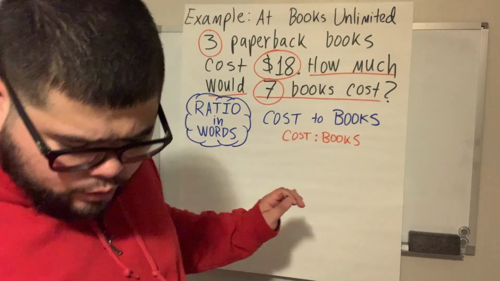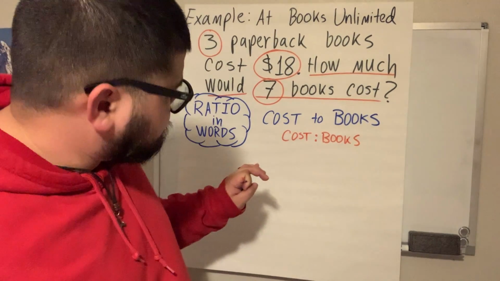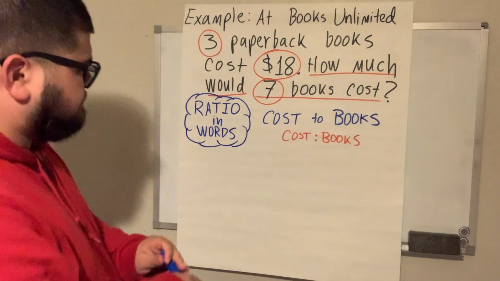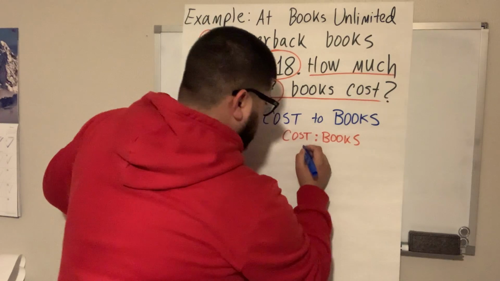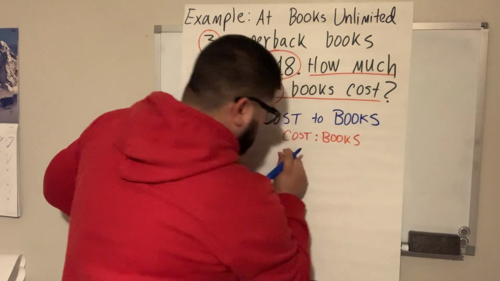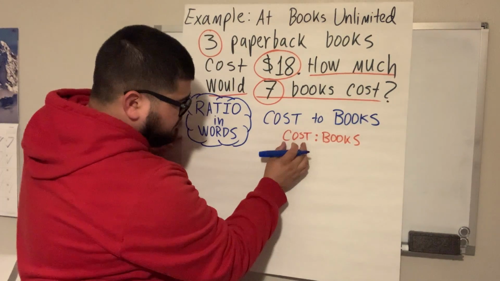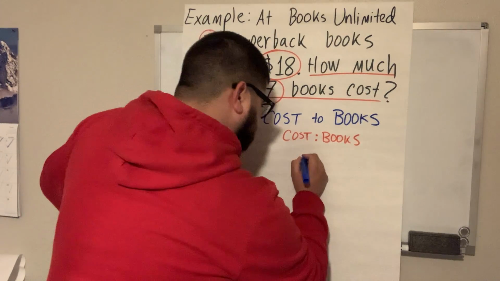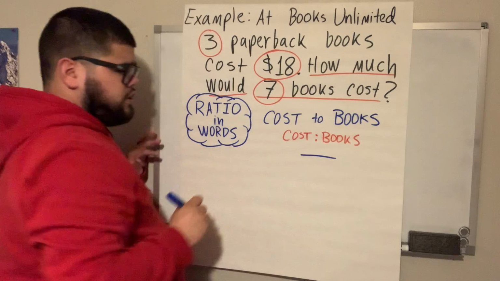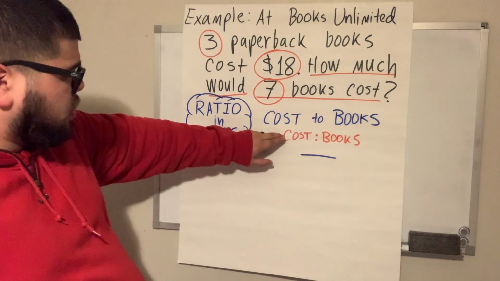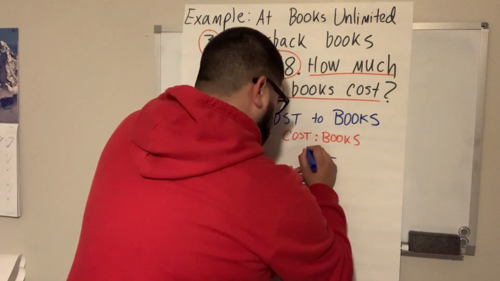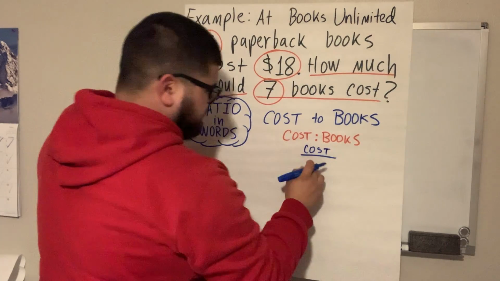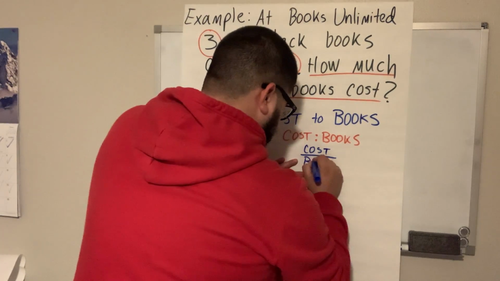Now we're going to rewrite it again, but this time as a fraction. You can rewrite this as, remember, the left object or the left topic goes in the numerator. There's our fraction line. The left word goes in the numerator. That's cost. And the right one goes in the denominator, books.